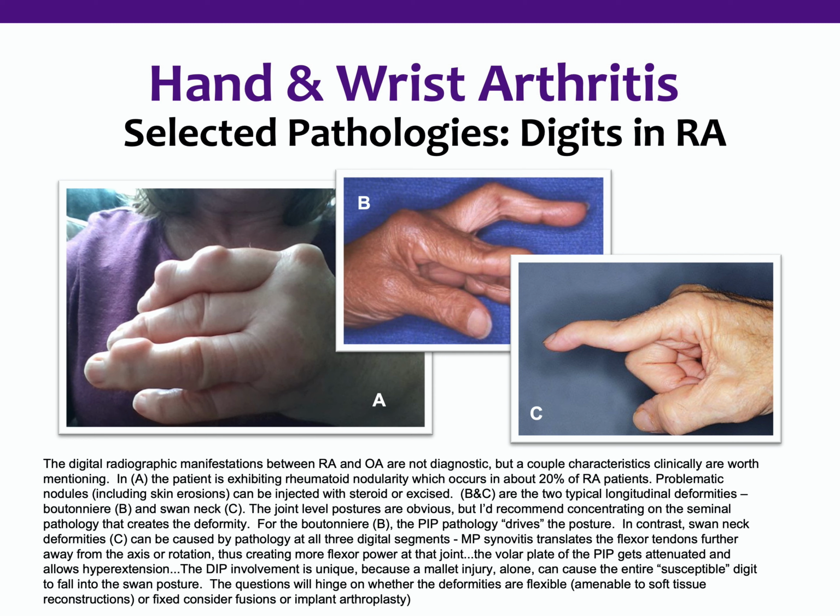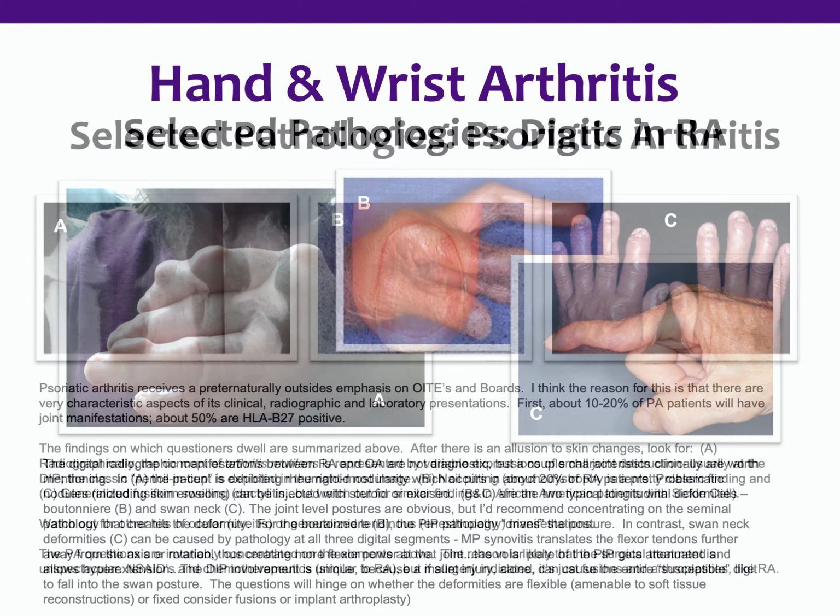At the DIP level, if somebody is so inclined, i.e. a very lax volar plate, a mallet injury can result in a swan neck. Volar plate attenuation is almost always the germinal lesion. MP joint synovitis, etc. So boutonniere, PIP flexion, DIP extension driven by the PIP joint, and swan neck, kind of just the opposite, if you will, driven at any joint where pathology might occur.